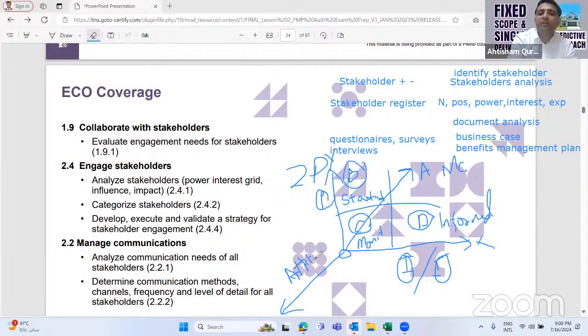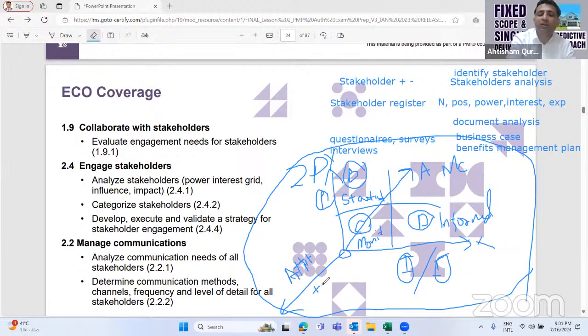So we have a 3D model for our stakeholders, in which we also try to see whether this stakeholder is pro-project, supportive or leading in the project, or this stakeholder is resistant in the project, like a negative stakeholder.